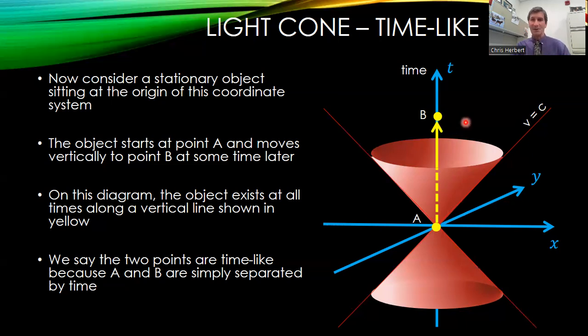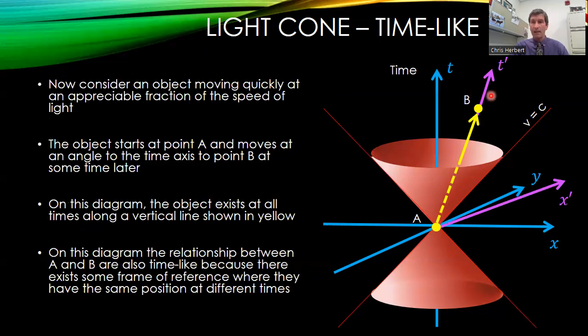It's a little more complicated. We would also say that if I had event A and B happen within this cone, but at 2 different locations in one frame of reference, it's still time-like. I can still engineer a frame of reference. I can move in such a way that event A and B will appear to occupy the same location, even though they're separated by 2 different times.